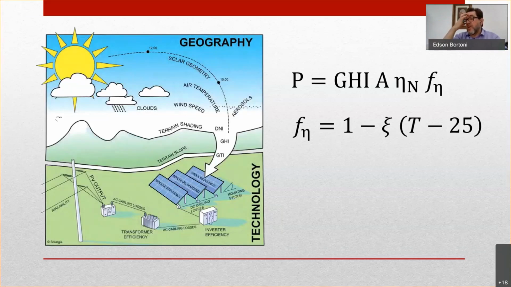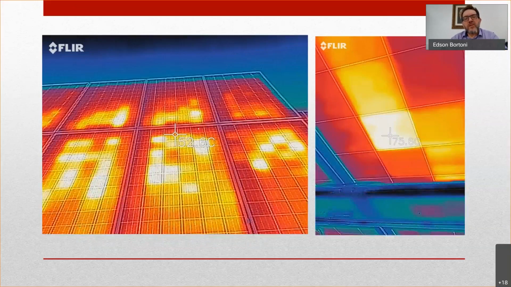For example, if you work at 40 degrees, so 40 minus 25, 15 times 0.5%, that's what you reduce your efficiency in the plant. In general, this is a thermal view. It's very hot.